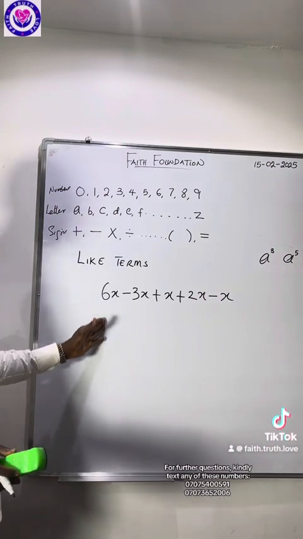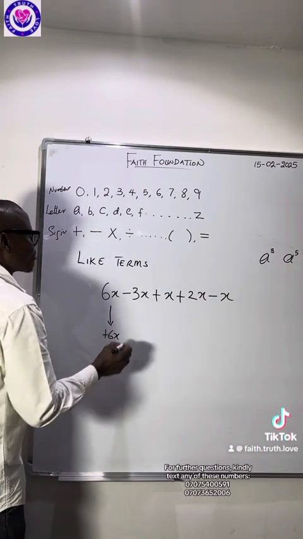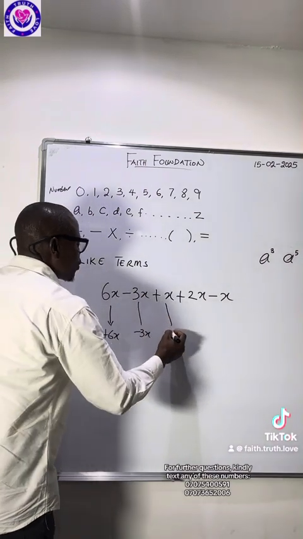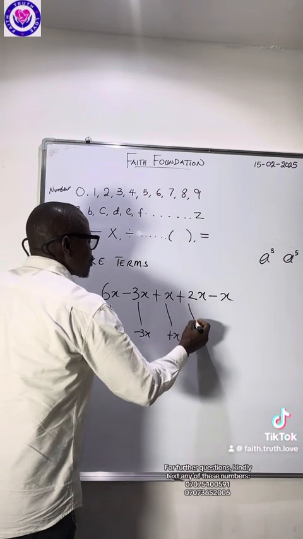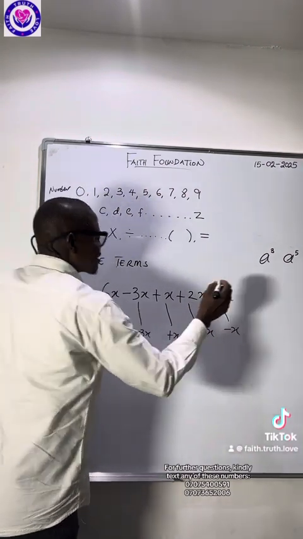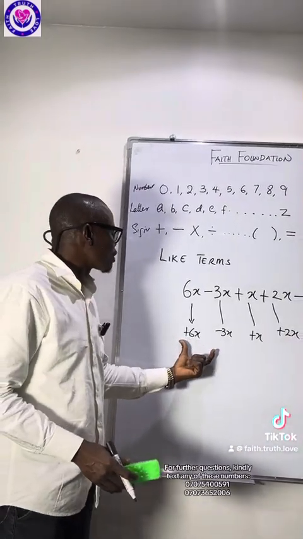This 6 is plus 6x. This is minus 3x. This is plus x. This is plus 2x. This is minus x. If you want to do the operation, say plus 6 minus 3.